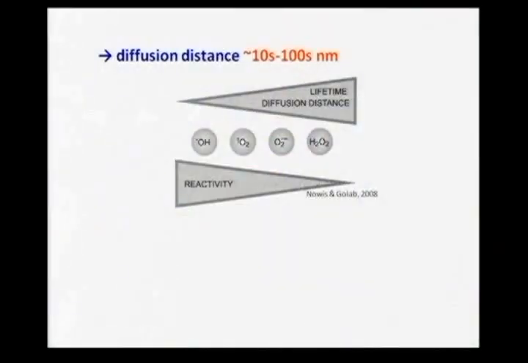You might think that that doesn't matter very much. Half a microsecond, 2 microseconds, who cares? But in fact, this makes a huge difference because the lifetime essentially determines the diffusion distance.